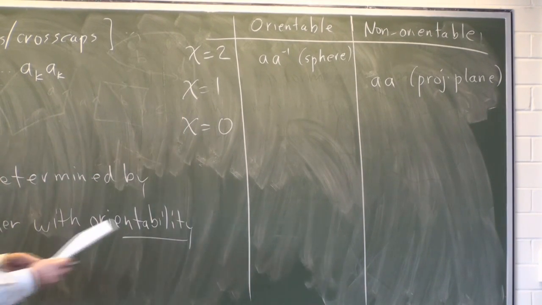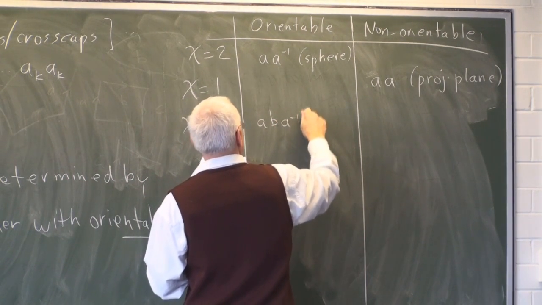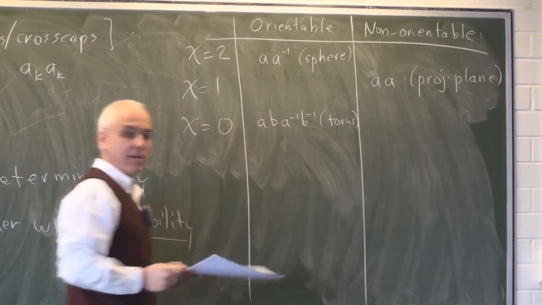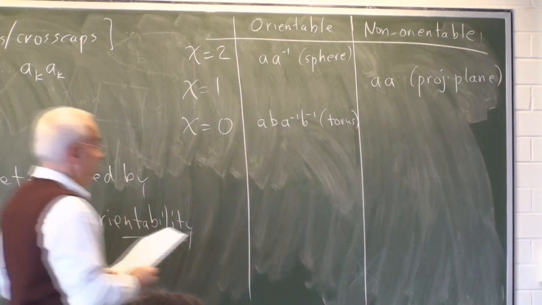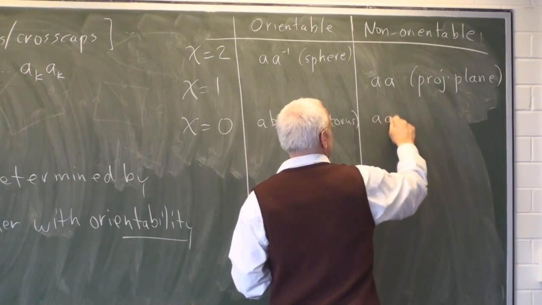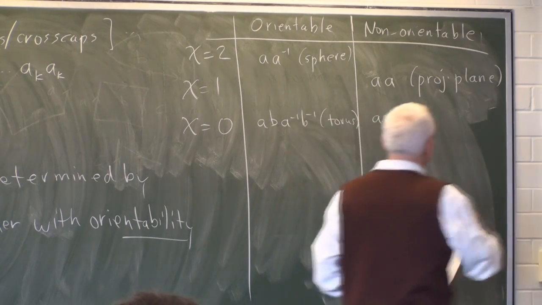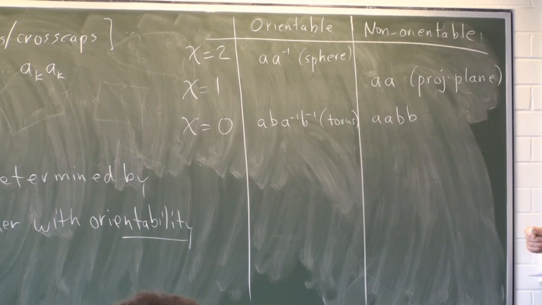One is A B A inverse B inverse. That's a torus. Another possibility is A B A B, which is sort of another form for the Klein bottle.